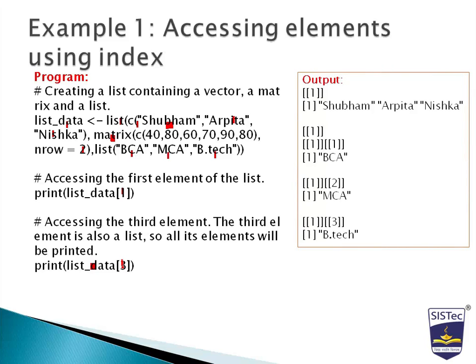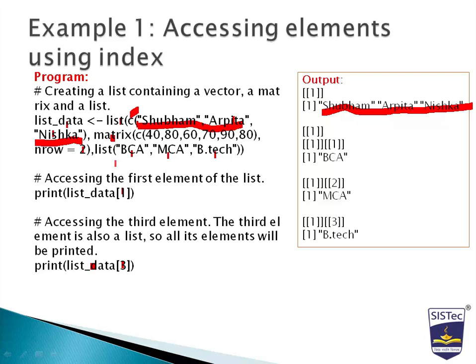When we print list data 1, it means the first element. The first element is stored using the c function, so Shubham, Arpita and Nishka are treated as a single element of the list. Hence, we have displayed a single element. Then in the second way, we use data of 3.